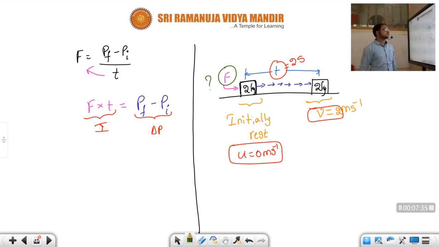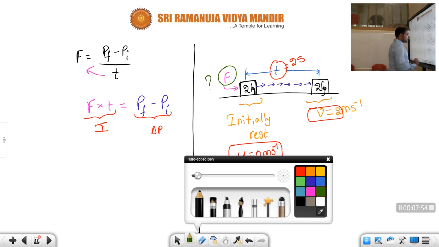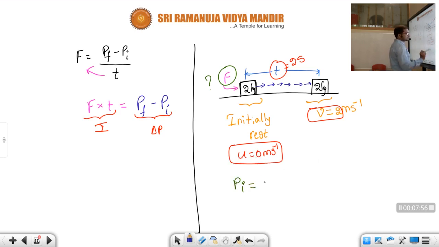How much magnitude of force was applied on that particular block we need to find. Children, for this purpose I am using this formula. Here we do not have acceleration. So first let us find the initial momentum. Initial momentum Pi is equal to mass of the block 2 kg into initial velocity 0. So what is the initial momentum, children? 0.